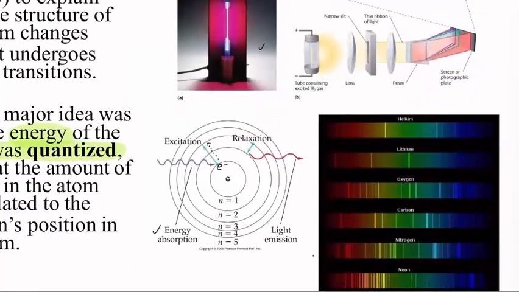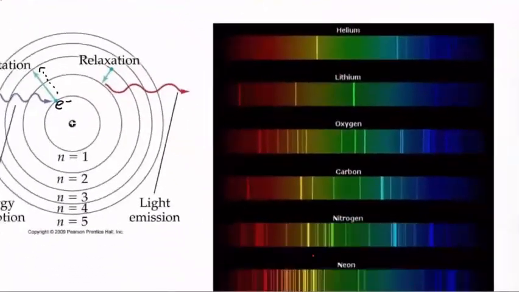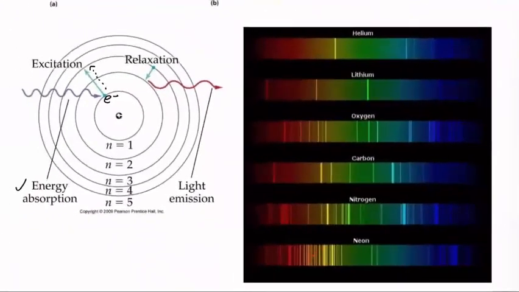His theory, his mathematical equations only work for hydrogen. Once you look at the line spectrums, and I have them here, for lithium, for oxygen, for carbon, for nitrogen, for neon, the whole theory created by Bohr in his hydrogen experiment did not work. Because you can see here for helium there are multiple lines, lithium, multiple lines.